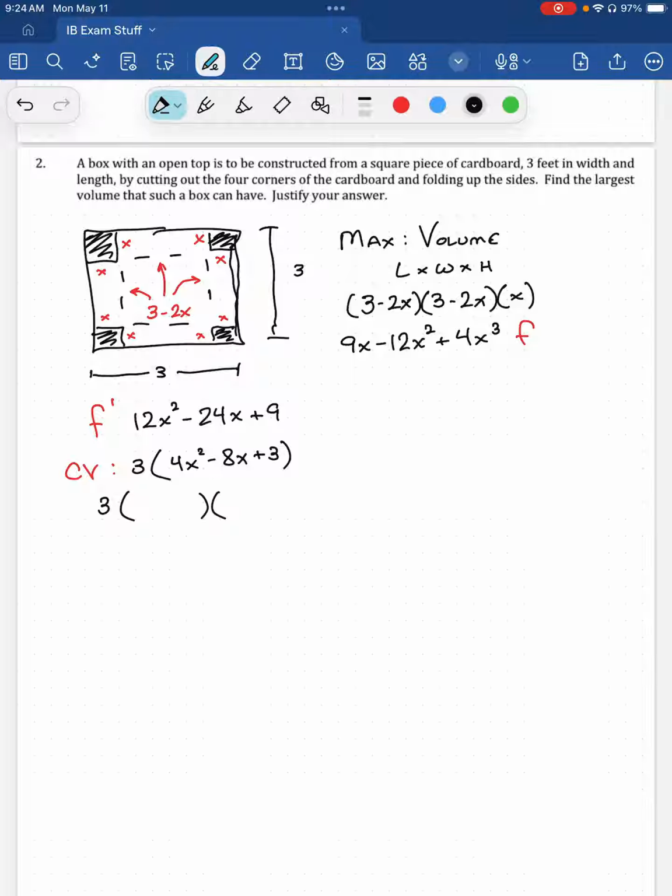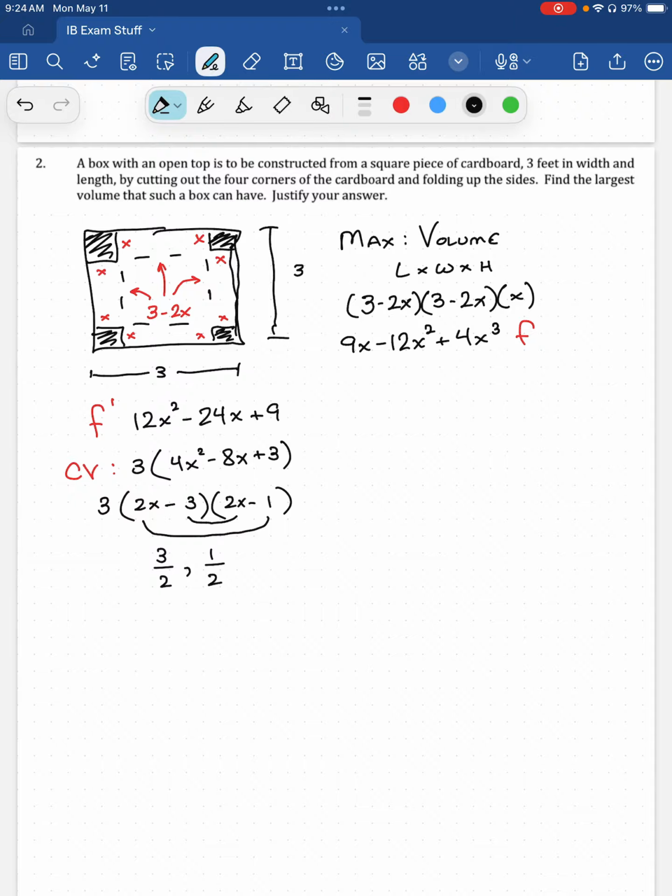I know the first parts need to be 2x and 2x to make 4x squared. I know the second need to be 3 and 1. And this makes 6 and this makes 2, which means if I do minus and minus, they're both going to equal what I need them to be. So now my critical values are 3 halves and 1 half.